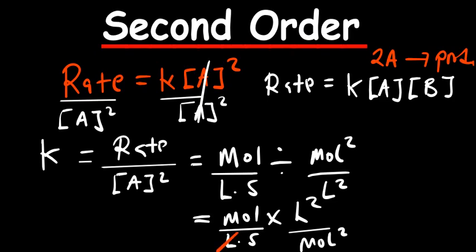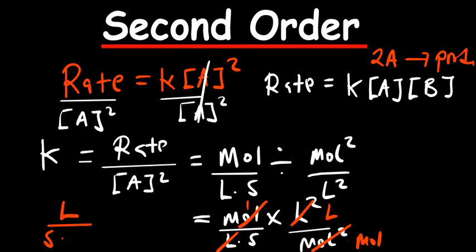The liter and the liter are going to cancel, so here I remain with 1. The mole, one more here will cancel the other one, so I remain with 1 mole here. If I multiply with what I have on top, this is 1 liter, because one of them has gone. So I'm just going to remain with a liter on top, divided by S, which is multiplying by a mole.